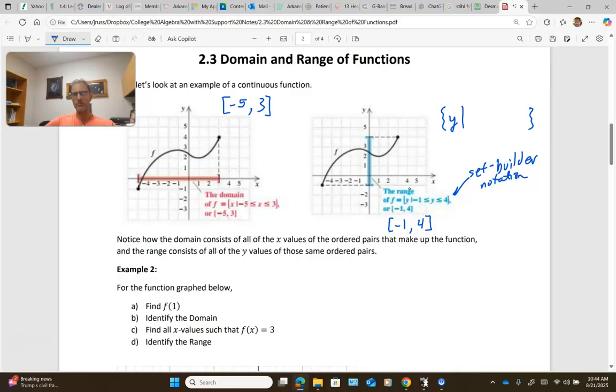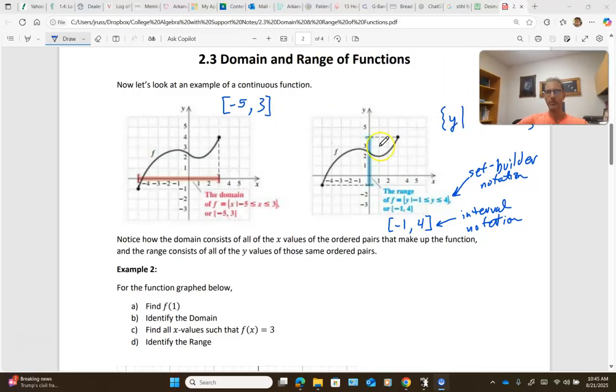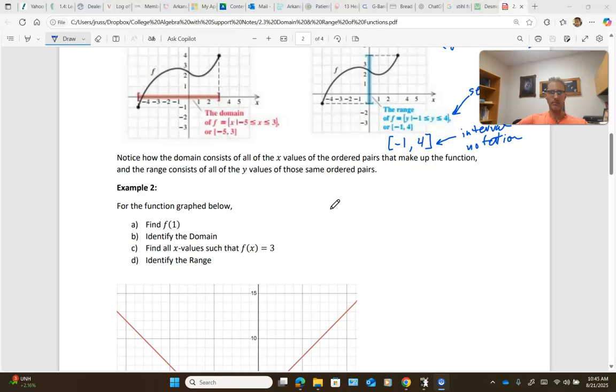But most math books that I worked with when I was in college prefer to use this notation, which is called interval notation. Interval notation is much cleaner, in my opinion. But anyway, we'll get some more practice here with example 2.